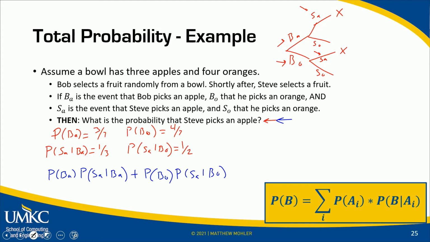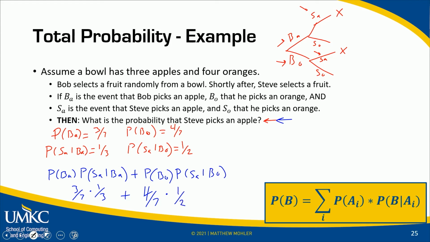So in this situation, plugging in numbers, we're going to have 3 out of 7, the probability that Bob picked an apple, multiplied by 1/3, the probability that Steve later picked an apple, and we will add that to the probability that Bob picked an orange, which was 4/7, multiplied by the probability that Steve picked an apple after Bob picked an orange, which is 1/2.